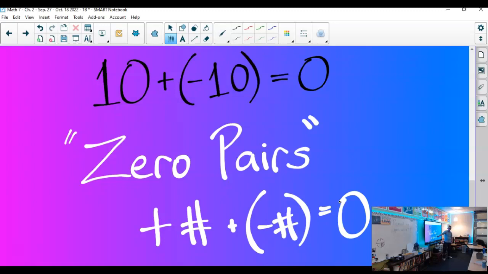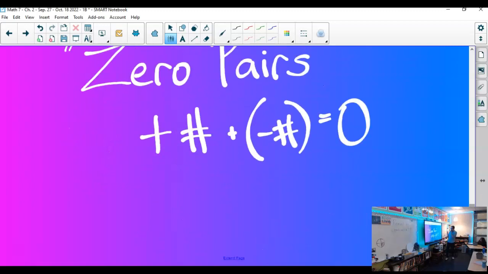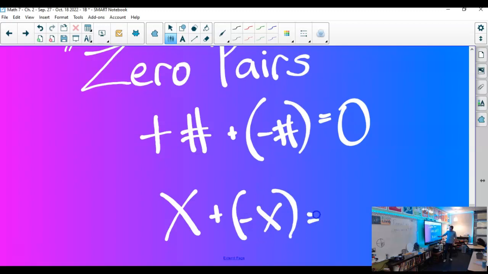We could also write this like x and negative x, because that's the best way to write an algebraic equation to show that any number plus its opposite makes 0. Cool?